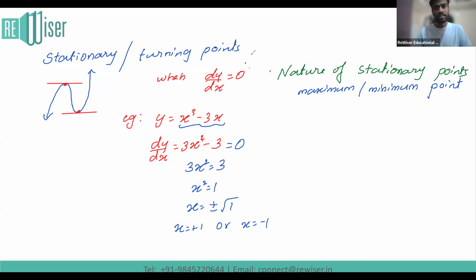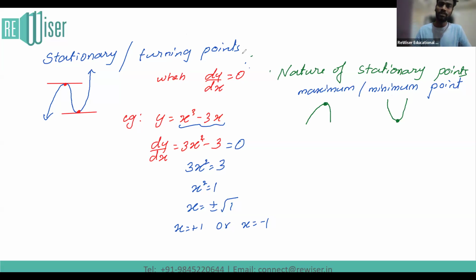To be more specific, we call it a local maximum or local minimum. Whenever you have a curve like this, this particular point we call the maximum point. And whenever you have a graph like this, the bottom point we call the minimum point.